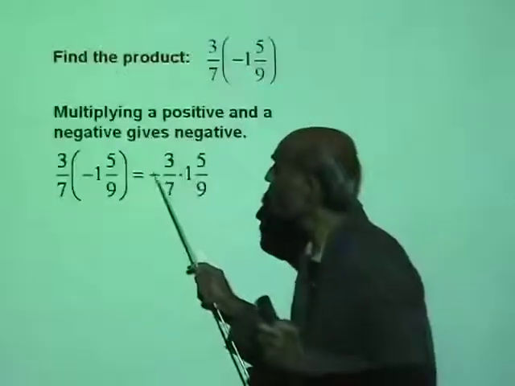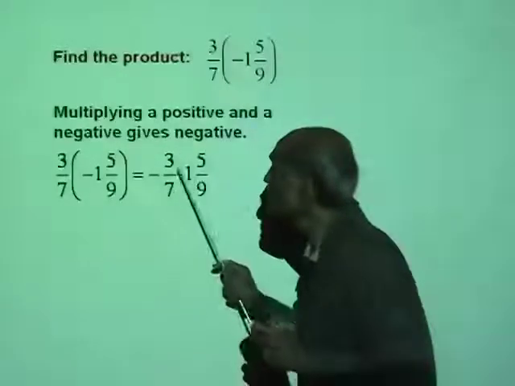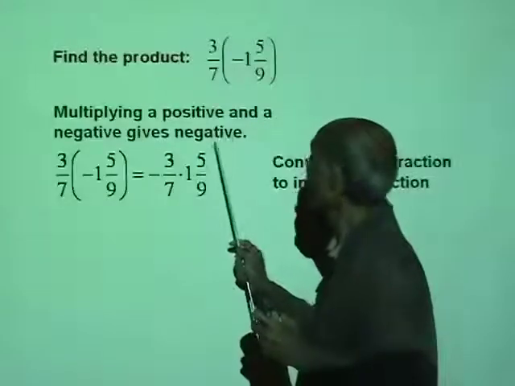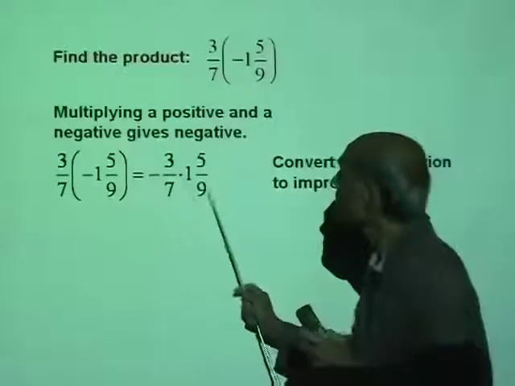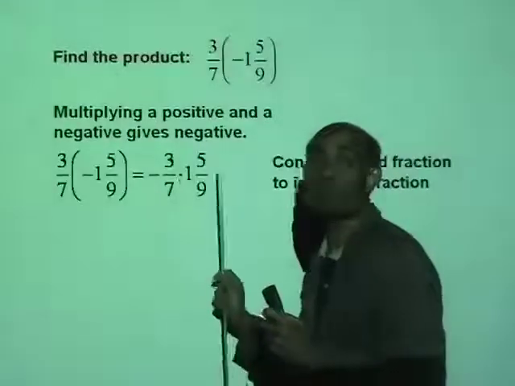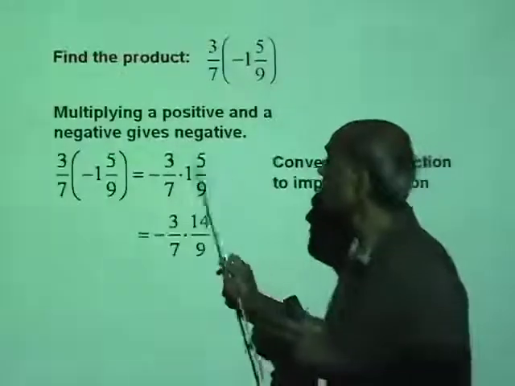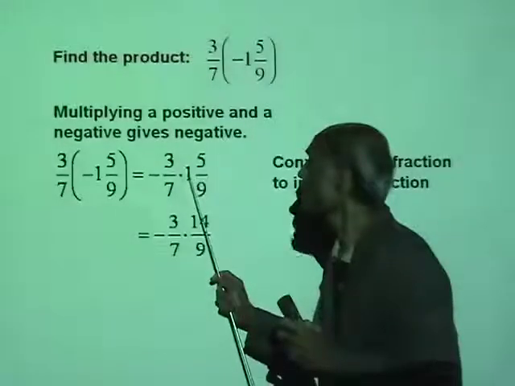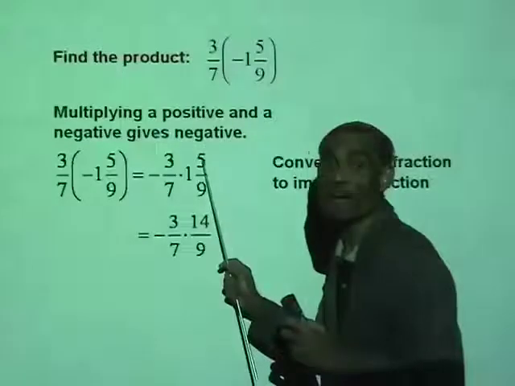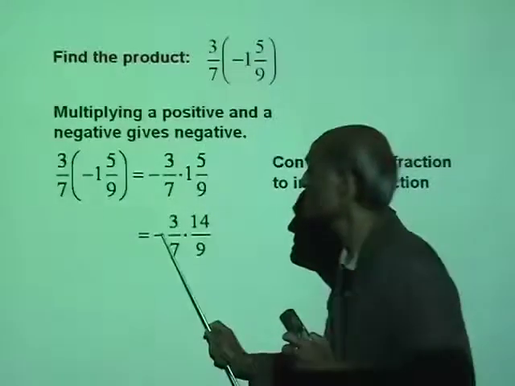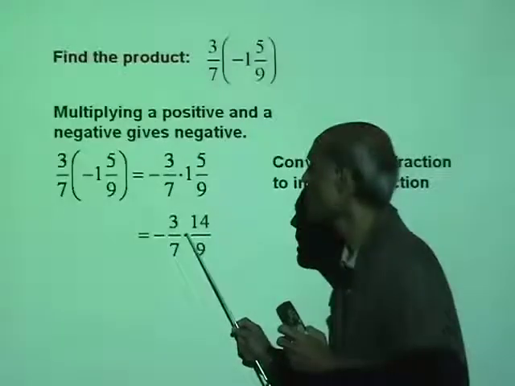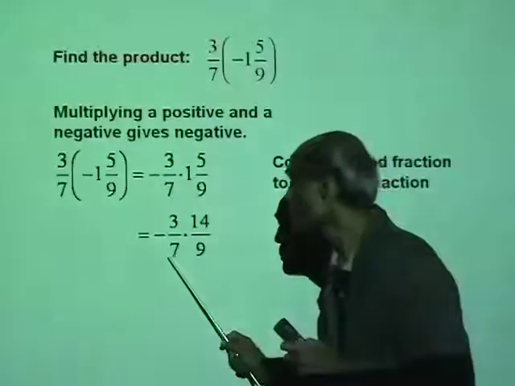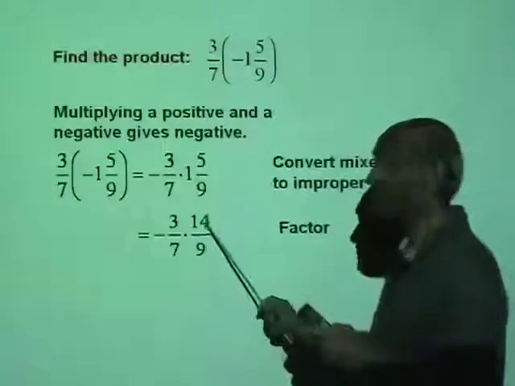Alright, how do we do this? Negative 3 over 7 times 1 and 5 over 9. Well, we need to convert the mixed number into an improper fraction. So that will be negative 3 over 7 times 9 times 1 is 9. 9 plus 5 is 14. So that is negative 3 over 7 times 14 over 9. Well, you know how to simplify this by factoring.